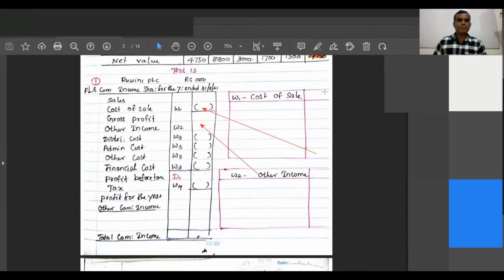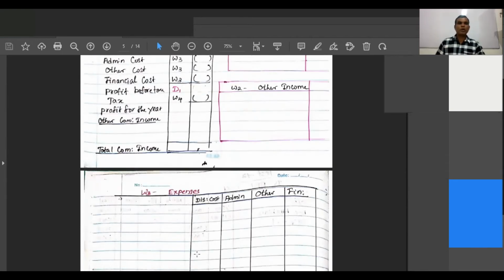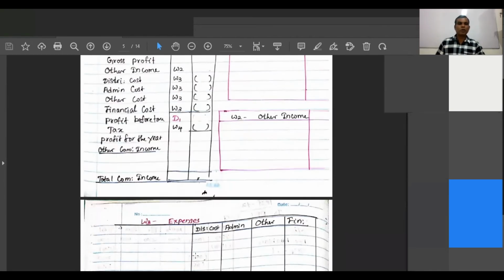And then the other part is concerned. Here you have already calculated total of distribution expense, and it should be recorded here. Total of administration, total of other expenses, and total of financial expense should be recorded here.